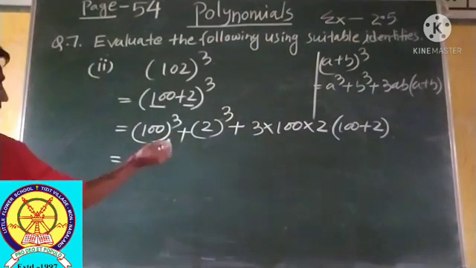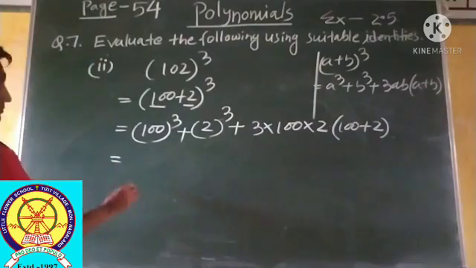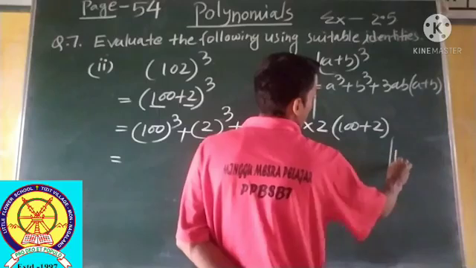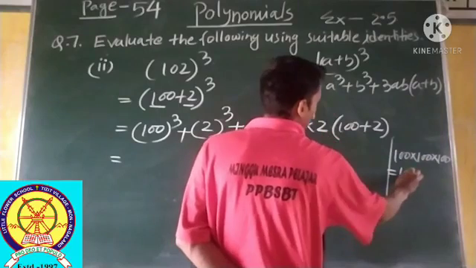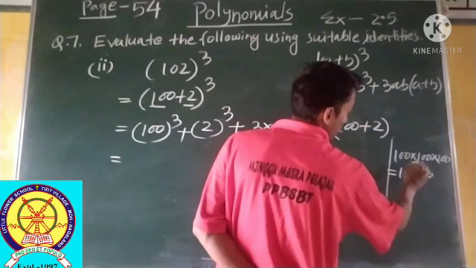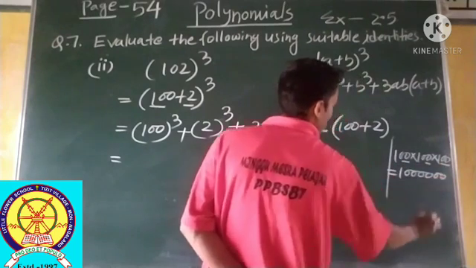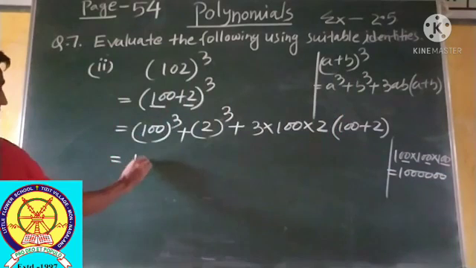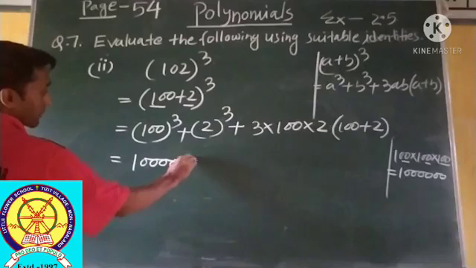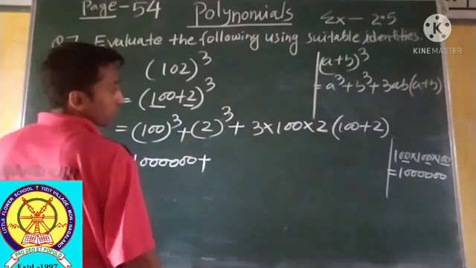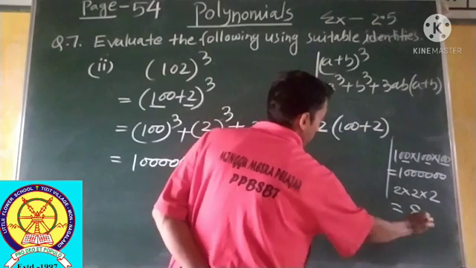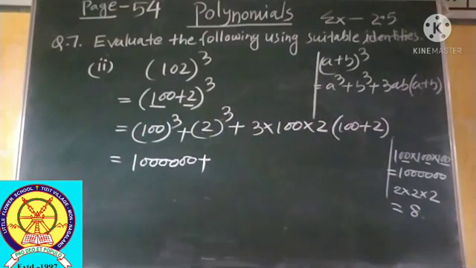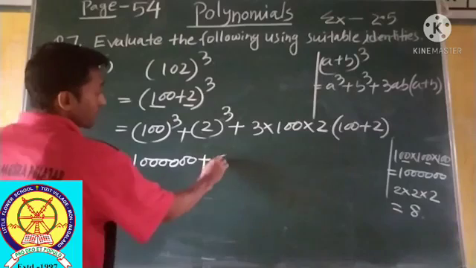Now 100 cube means 100 into 100 into 100, so it will be 1 followed by 0 six times: 1000000. 2 cube means 2 into 2 into 2, which you have learned in lower classes about squares and cubes. 2 twos are 4, 4 twos are 8.